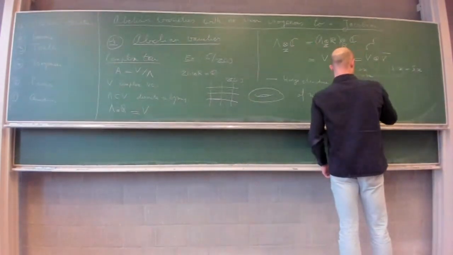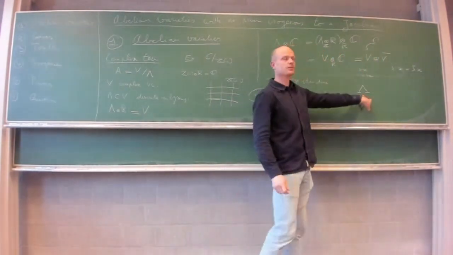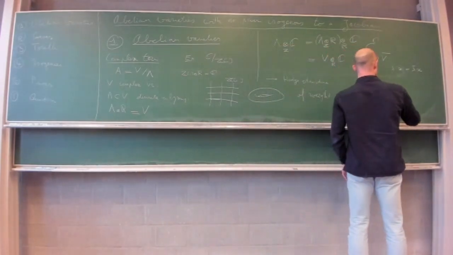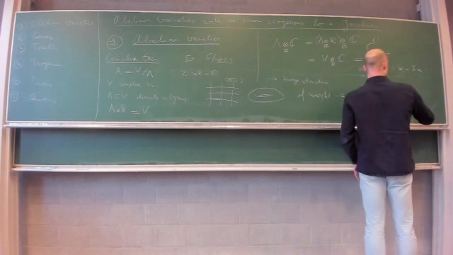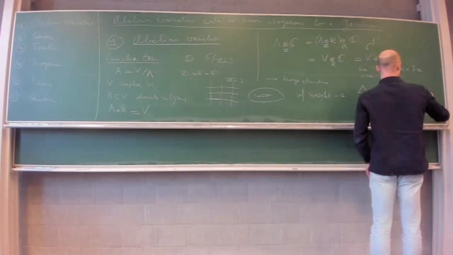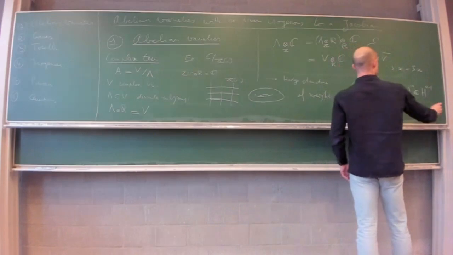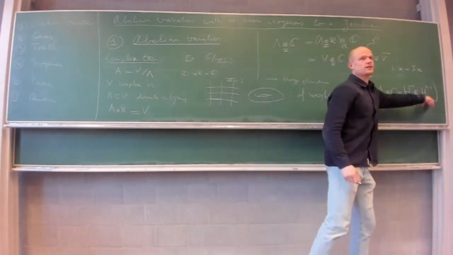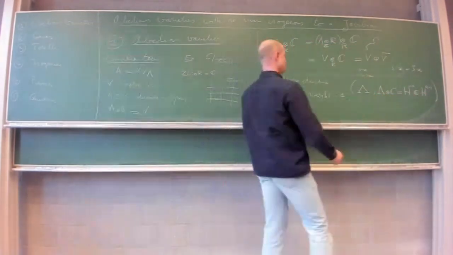So we have a finitely generated free abelian group, and we have the decomposition of its complexification into two pieces, where one is the complex conjugate of the other.